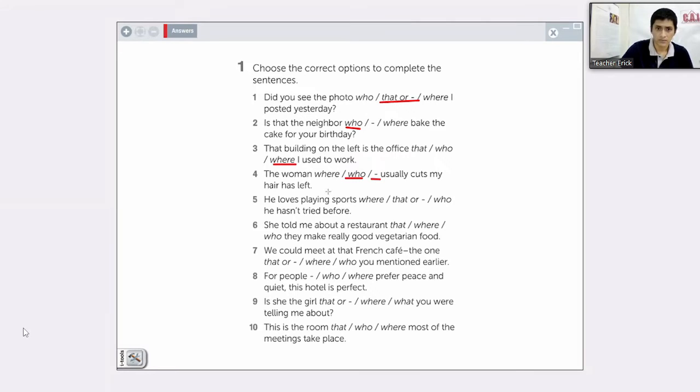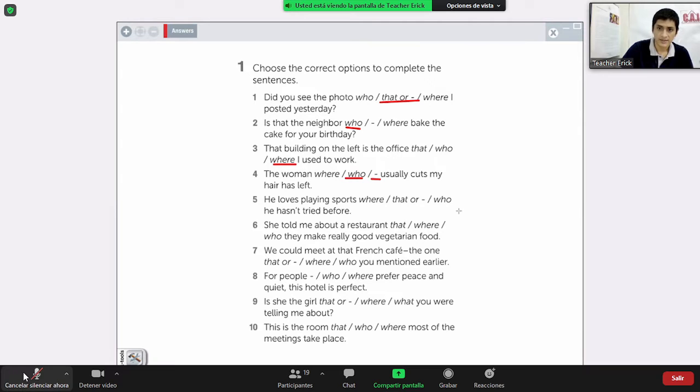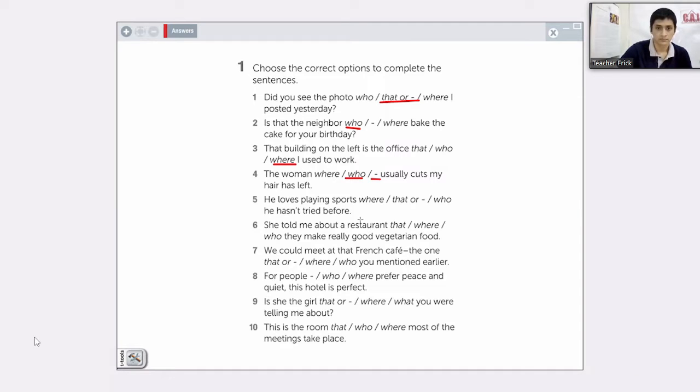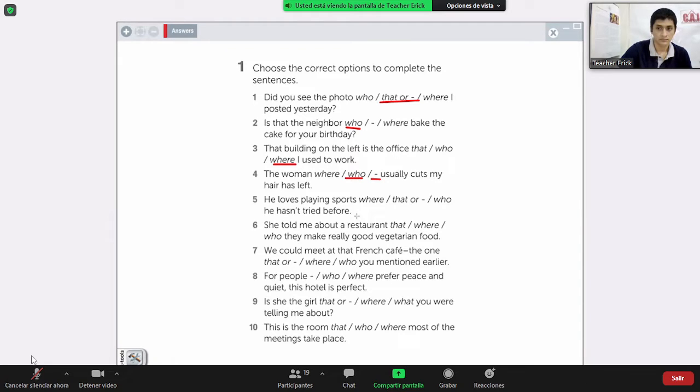Number 5 says he loves playing sports where, that, or who he hasn't tried before. That, that he hasn't tried before. Number 6, she told me about a restaurant that, where, or who.